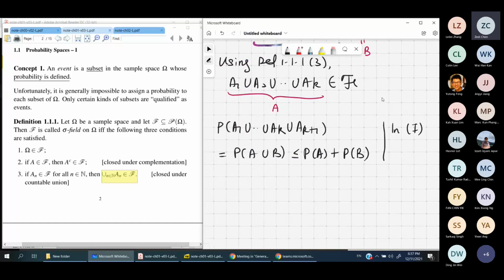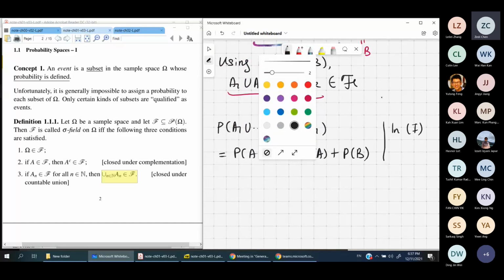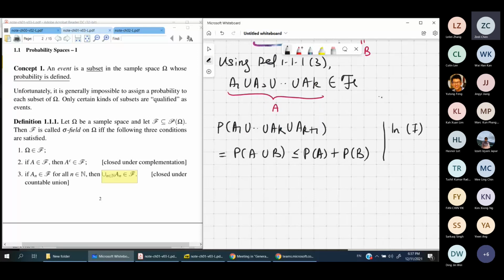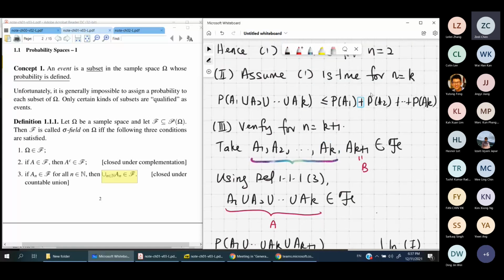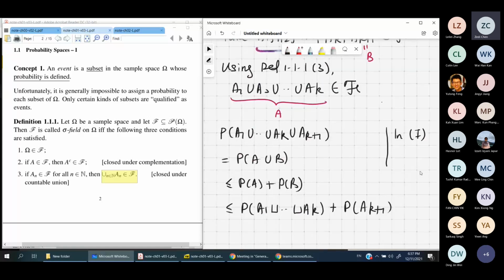Okay, now we put it back. So this thing is less than or equal to P(A) plus P(B). Now we can substitute all the things back inside. So this is P of A1 union up to AK, plus P of AK plus 1. Now in our assumptions, part 2, we assume this is less than this, so we can apply it.